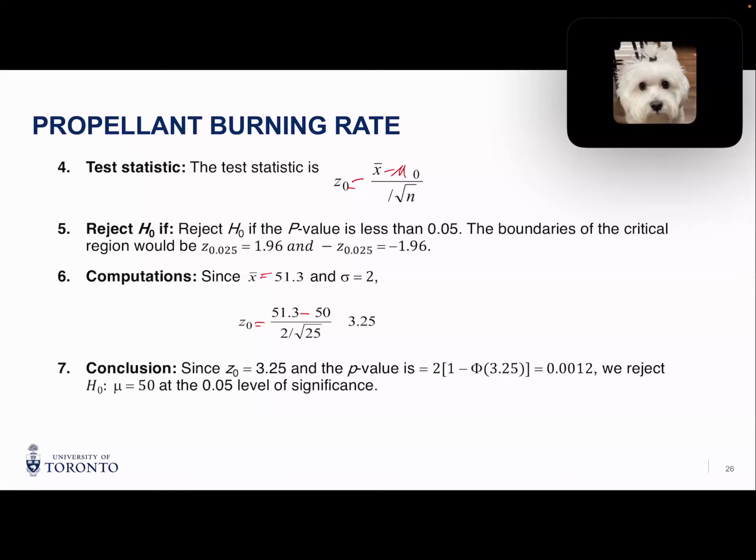Since we know our sample mean, and we know our variance and our number of samples, we just calculate z0, right? It's a z-value of 3.25. Is that bigger than 1.96? Yeah.